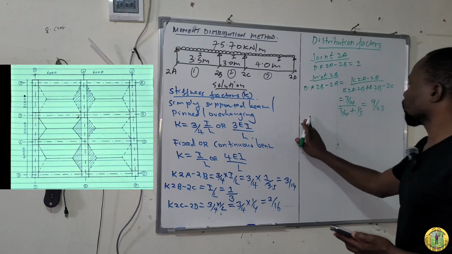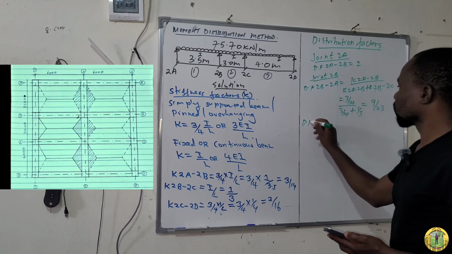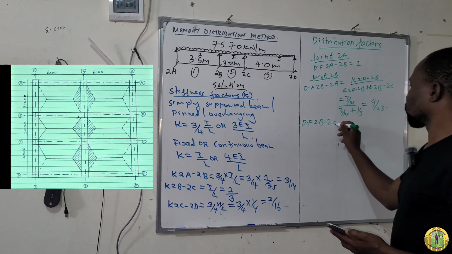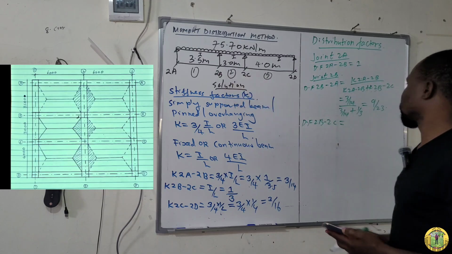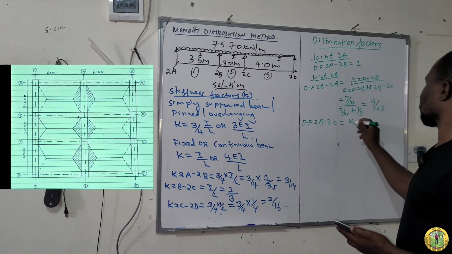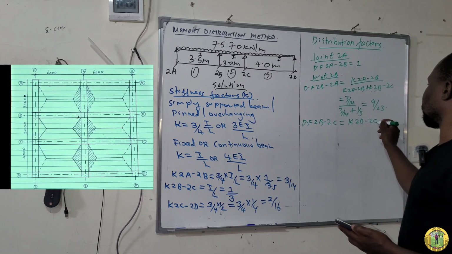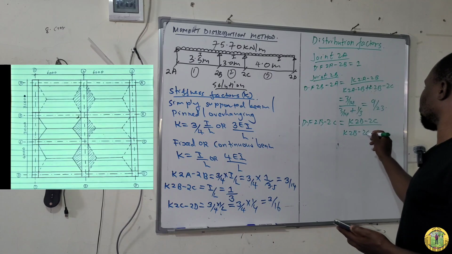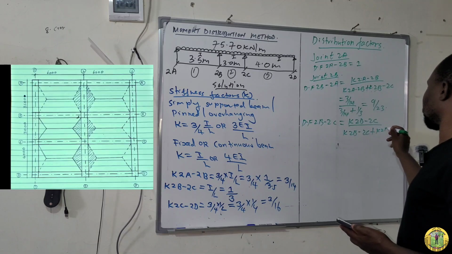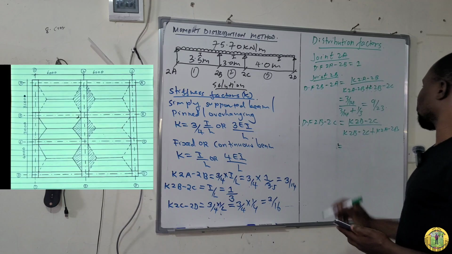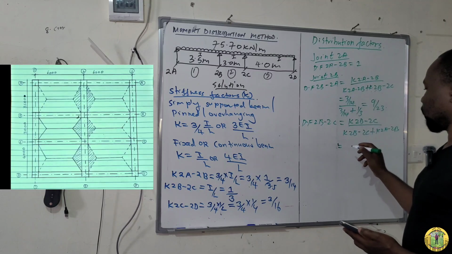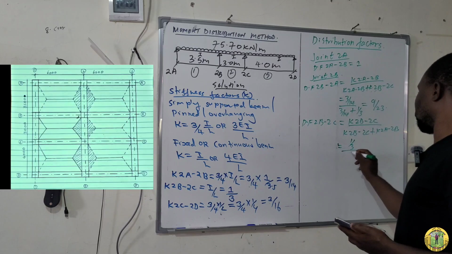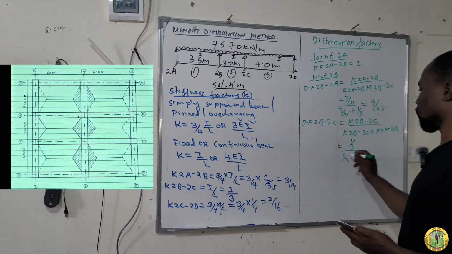We now proceed to distribution factor 2B to C. So this one will be K 2B to C all over K 2B to C plus K 2A to B. So this one is equal to K 2B to C, which is here, a third, all over a third plus 3 over 14.